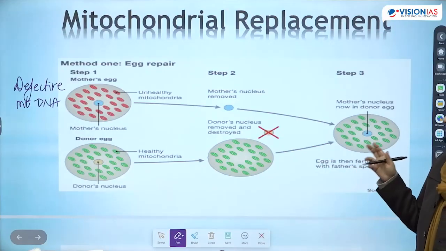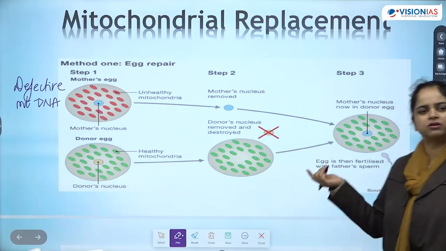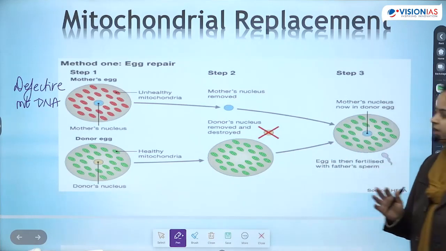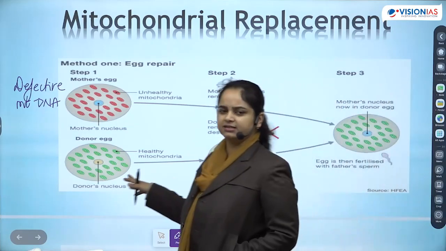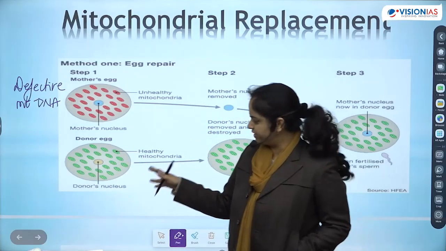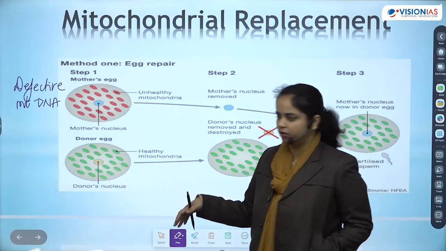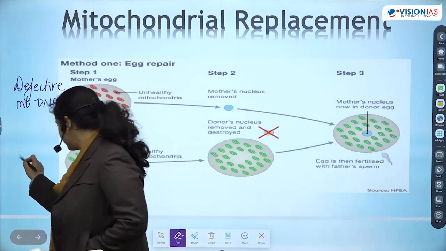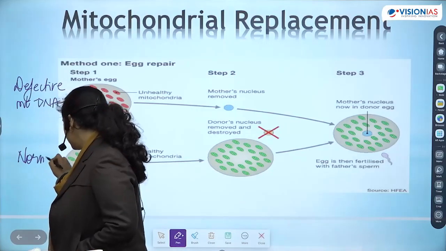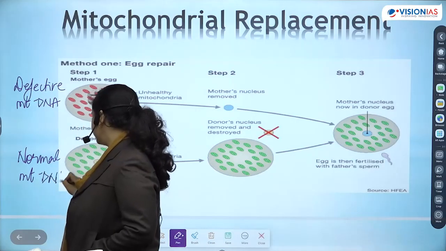The first step is you get the mother's egg, and the mother's egg has defective mitochondrial DNA. Now you have to replace this. That means कहीं और से आपको normal mitochondria चाहिए, and egg का replacement egg से ही होगा. So you bring in another donor who will give the egg, but this is a donor who is having healthy mitochondria, or you can say this is normal mitochondrial DNA.